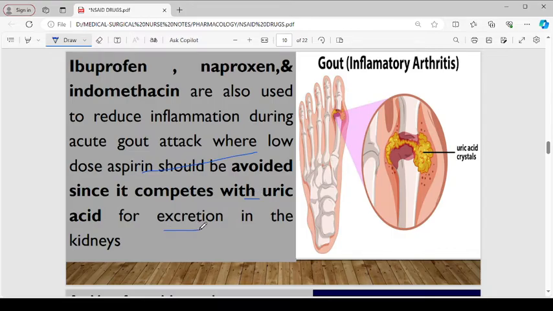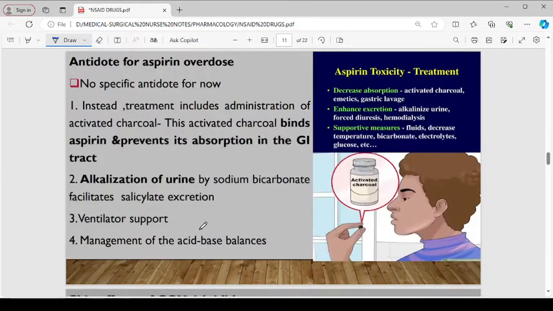Thus, it will exacerbate the gout disease. But at higher doses, it will promote excretion of the uric acid from the body, and thus will relieve the patient. All right, so we have to take note of that.